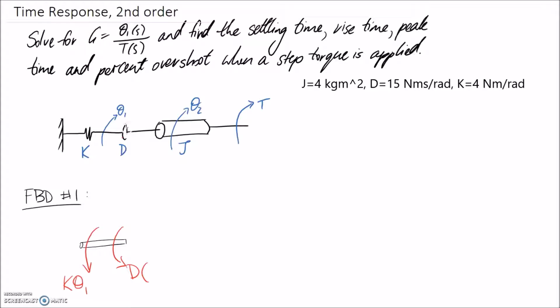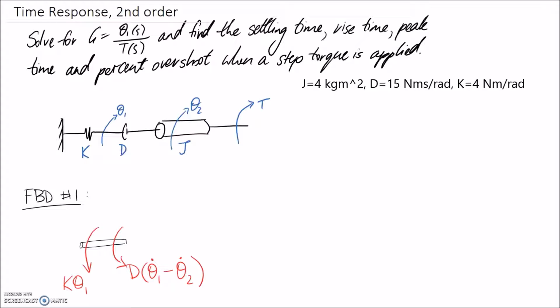Because this component is between two other parts that can twist, we need to take the difference: theta 1 dot minus theta 2 dot, with dots because it's the speed, not the position of the shaft.